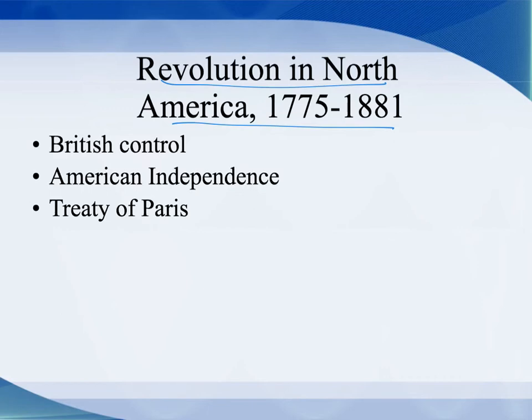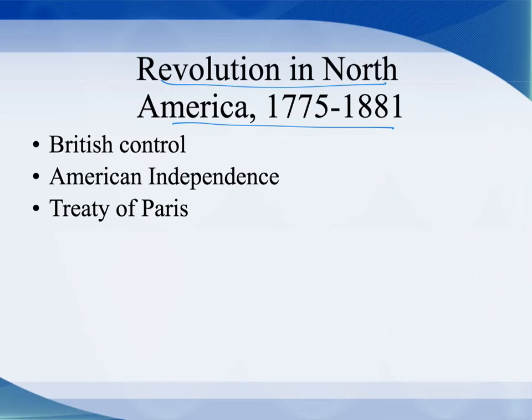And this was after riots and boycotts and even some destruction of government property. But the Americans established a political democracy. They abolished the concept of having a monarch or king, and they replaced it with an elected government.